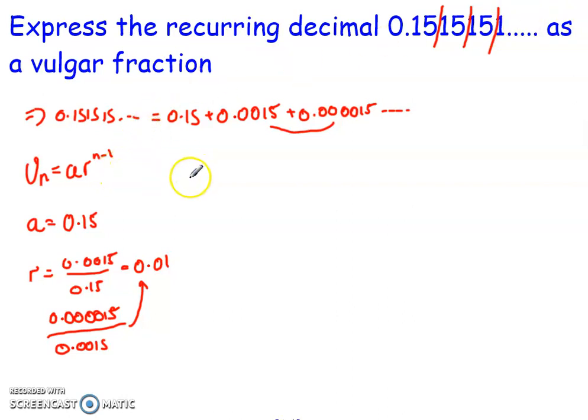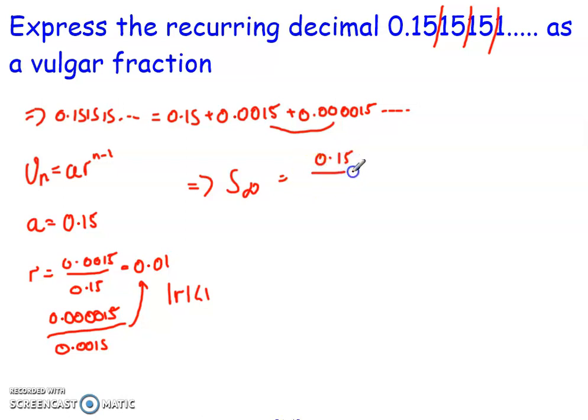So what I can do is say to myself, what then is going to be the sum to infinity? Well, the sum to infinity is going to be this, but continuing on and on forever. Now I know, just by looking at this, that the magnitude of my r is going to be less than 1. 0.01 is less than 1, so my limit exists. So for that, I would just substitute in what I know.